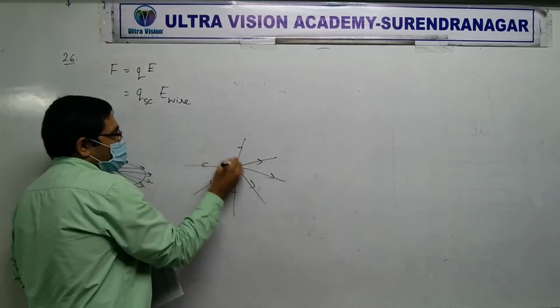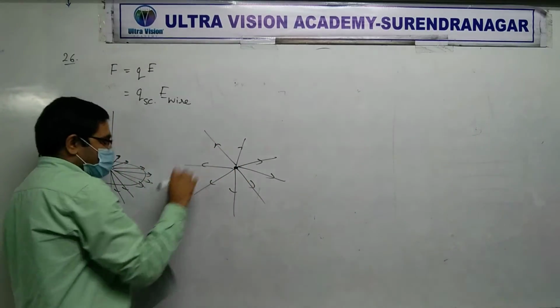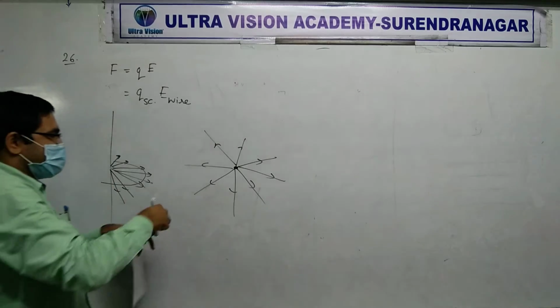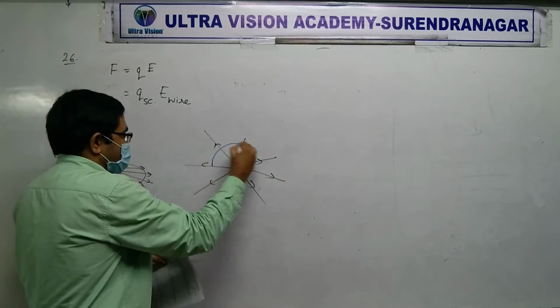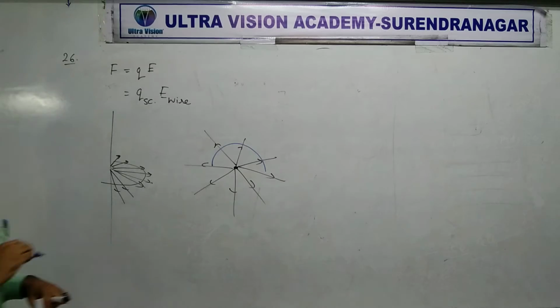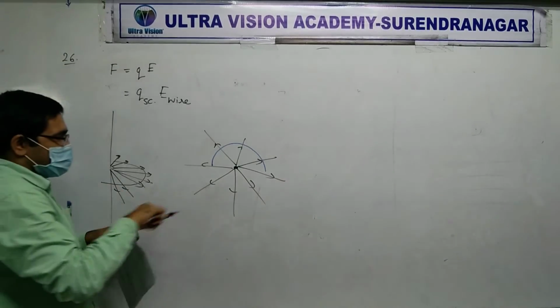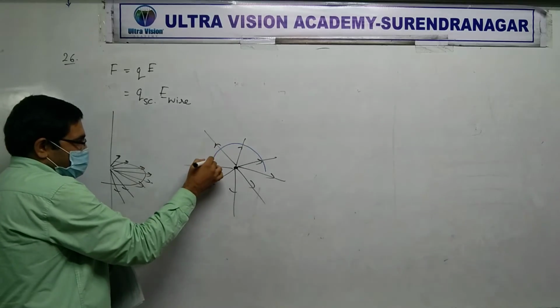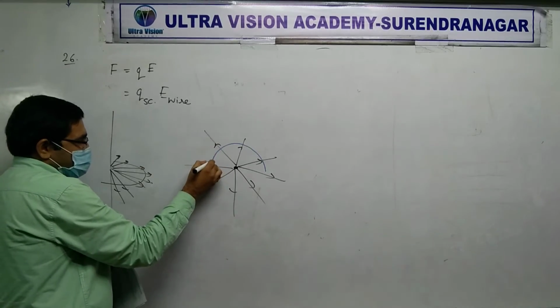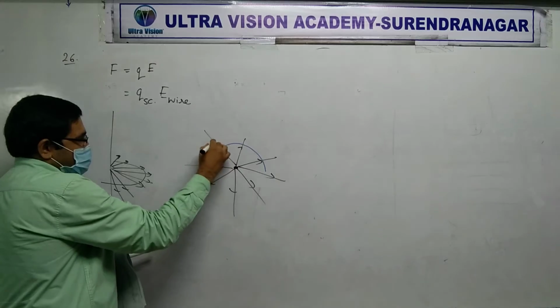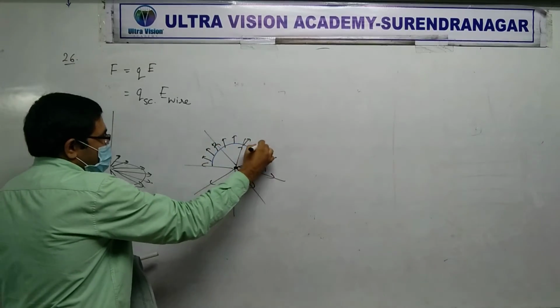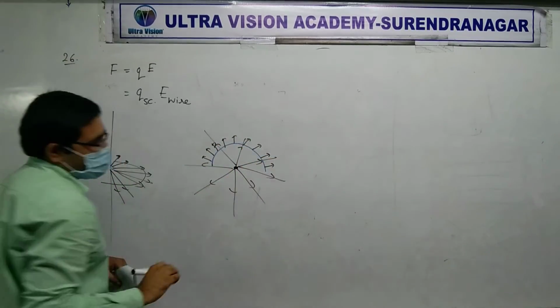Where is the semicircle? Semicircle would be like this. So at different points of the wire, of the loop or semicircle, the force will be in different directions. Here like this, here like this, here like this. So everywhere the direction is different.